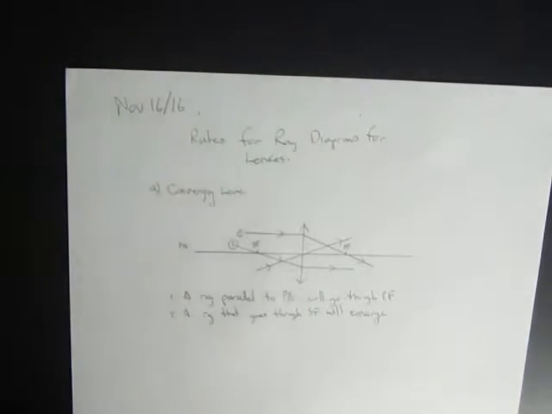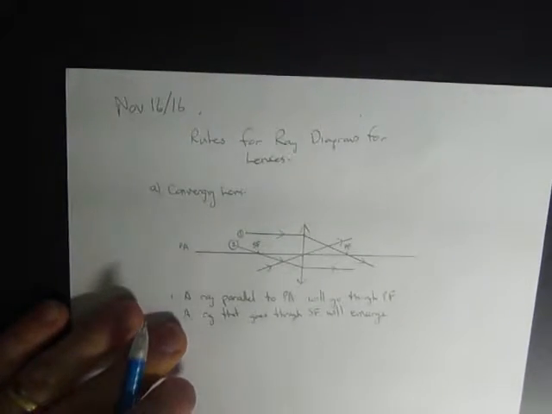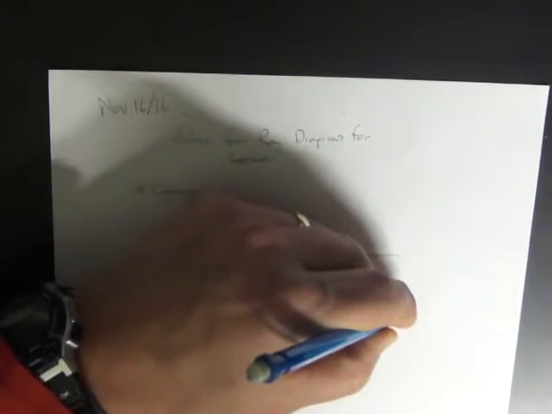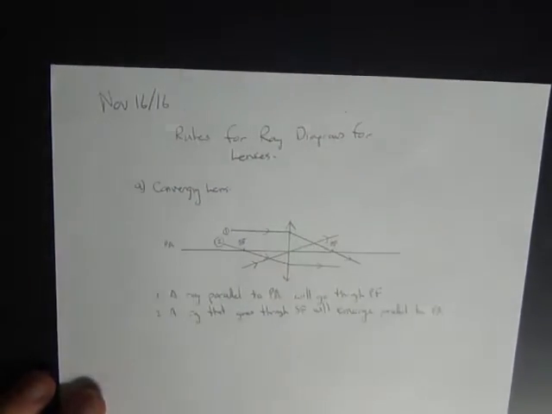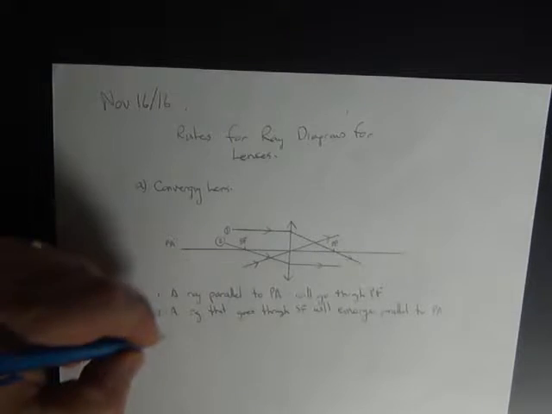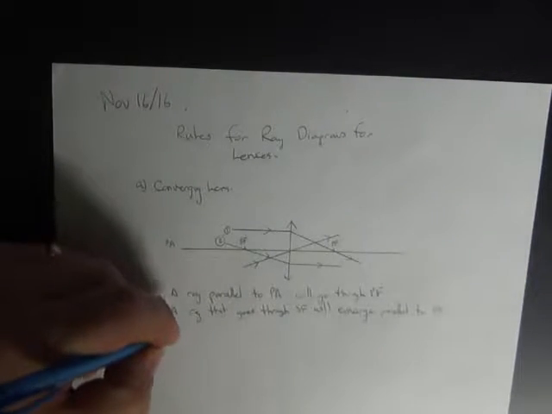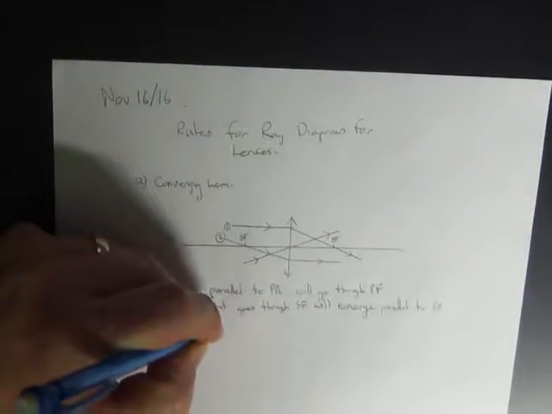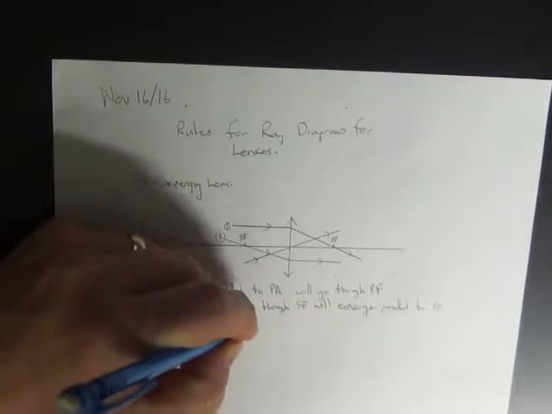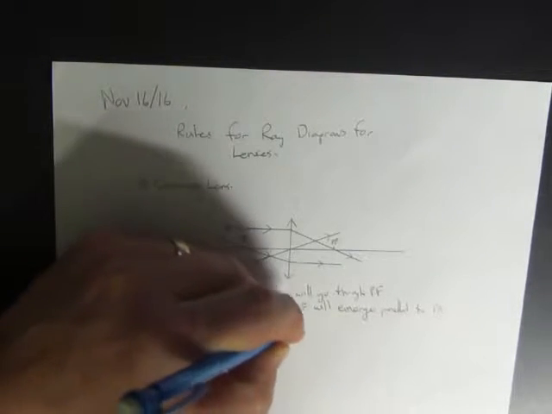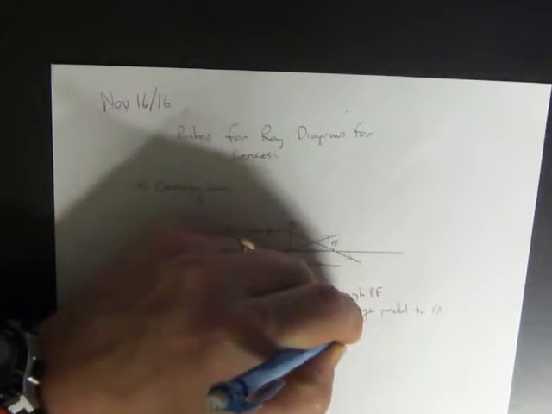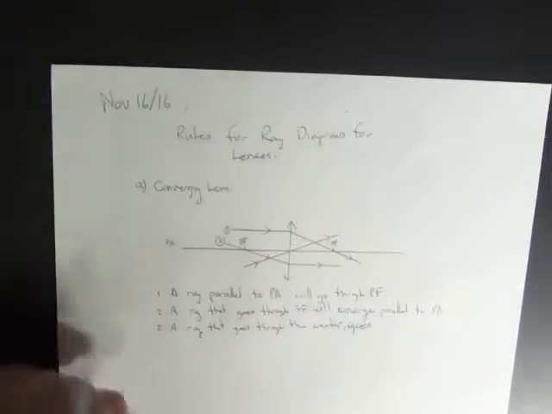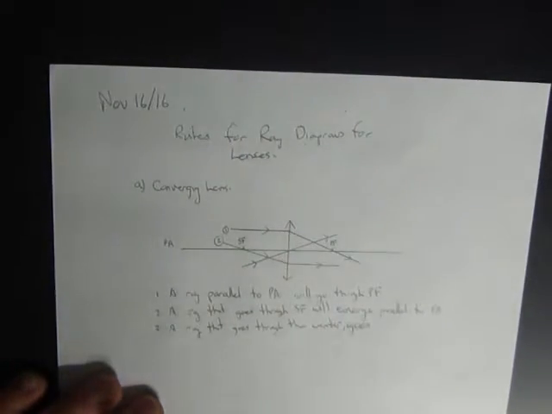Emerge means comes out, right? How will it emerge? Parallel to PA. Rule 3. A ray that goes through the center, comma, goes how? Straight through.